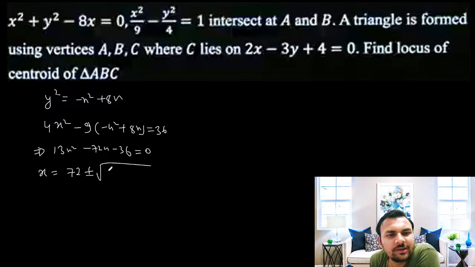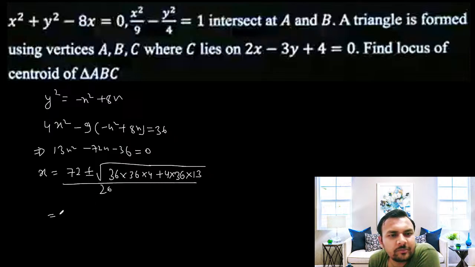72 whole square minus 4ac, 4 into 36 into 13, upon 26. 72 plus minus, we can take out 36 into 4, which is 12. We are left with 36 plus 13, which is 49. Okay, so we are getting some number nearby this.